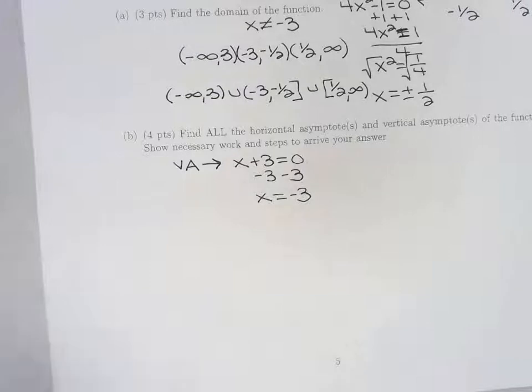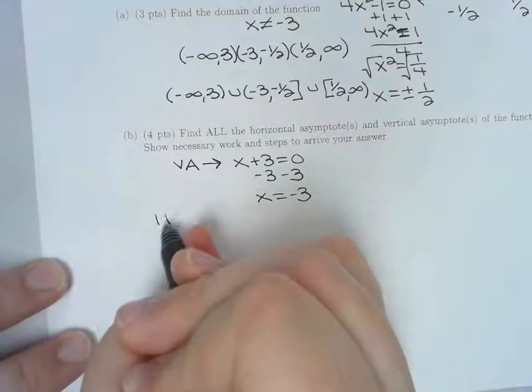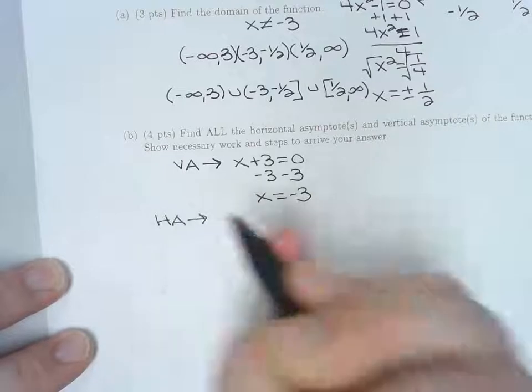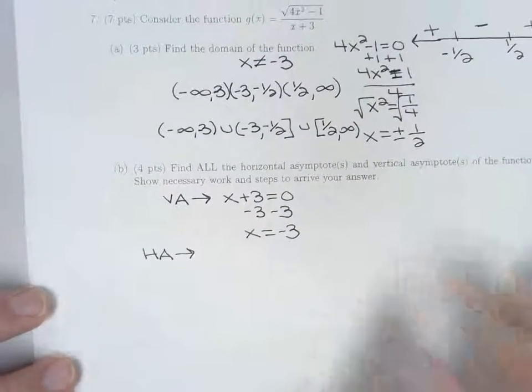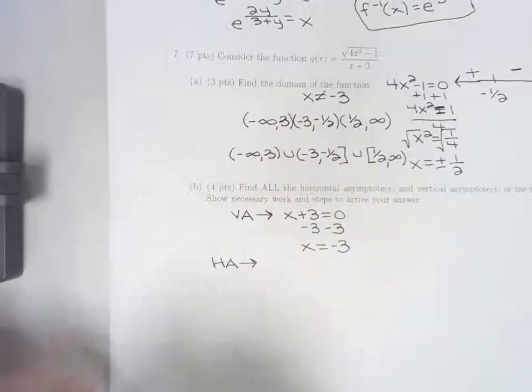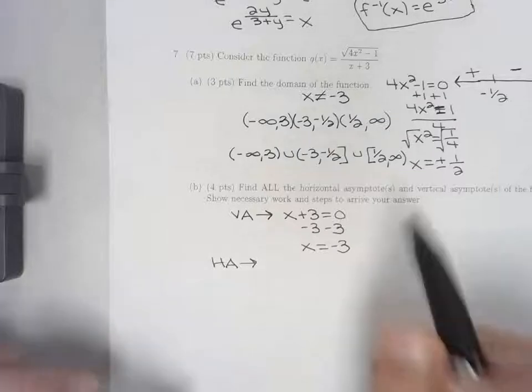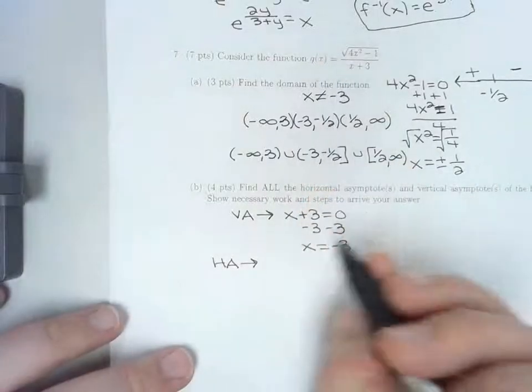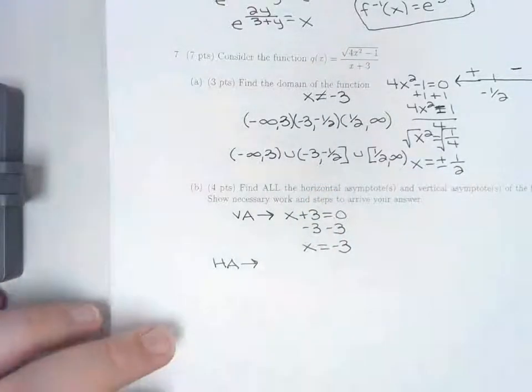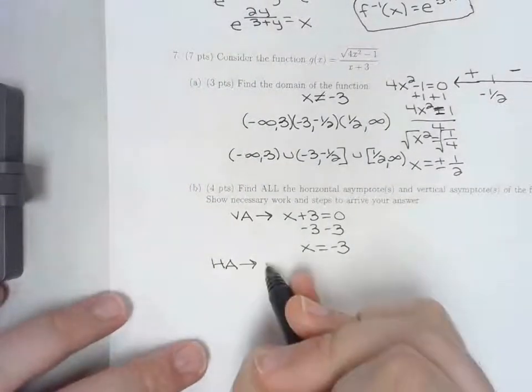Horizontal asymptotes are a little trickier to find. If we have nice polynomials over polynomials, you can use the shortcut where you compare the degree of the top and the degree of the bottom. However, since I have the square root on top, we are going to be looking at limits.